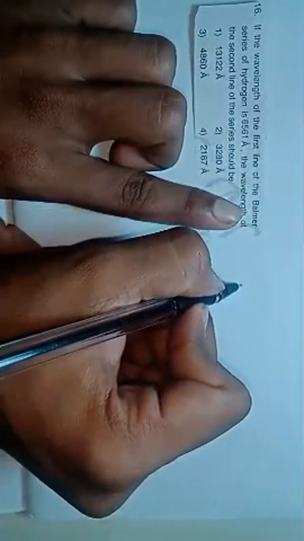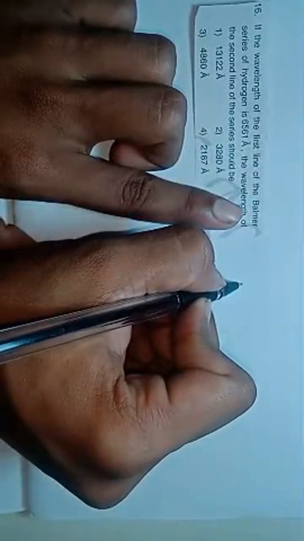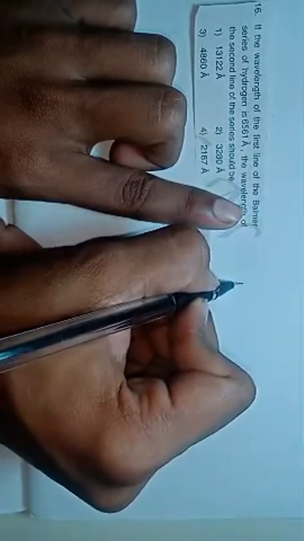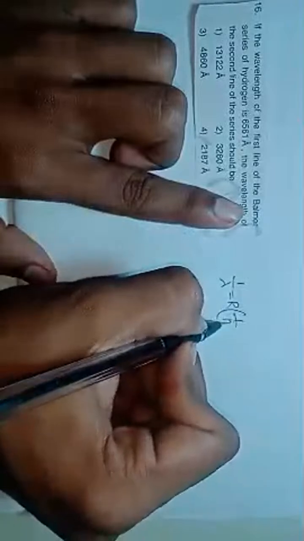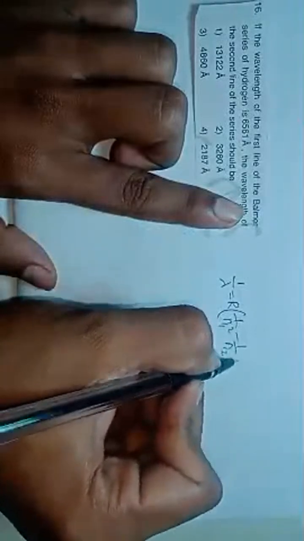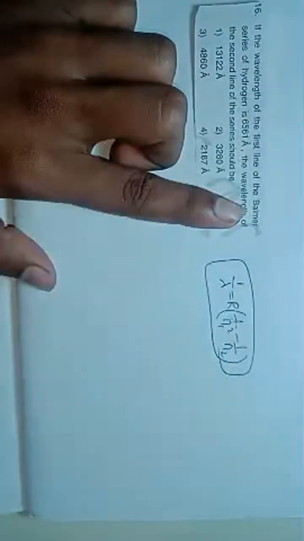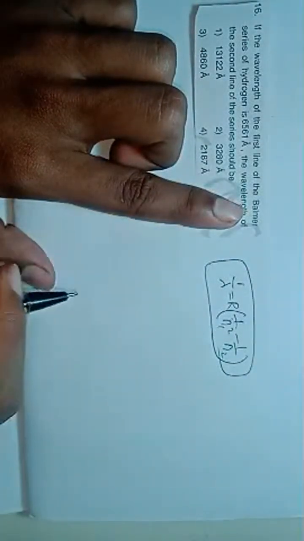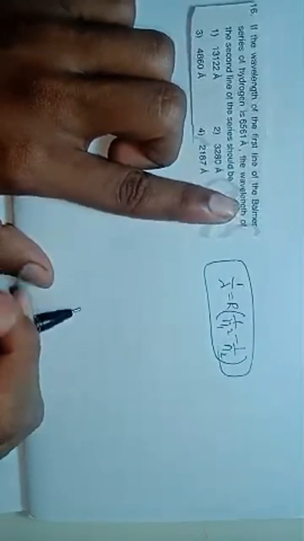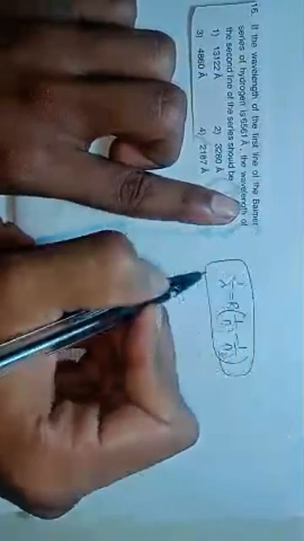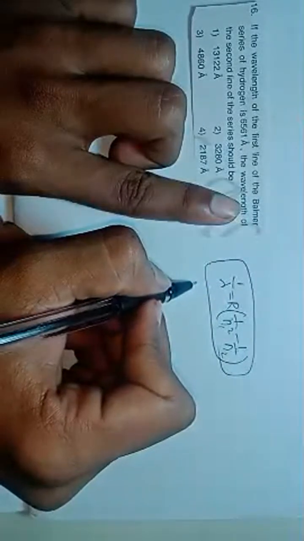See, you know the basic spectral line formula, that is 1 by lambda is equal to R into 1 by n1 square minus 1 by n2 square. From this formula it will be solved. Lyman, Balmer, Paschen, Brackett, Pfund; Balmer lies in the second position.